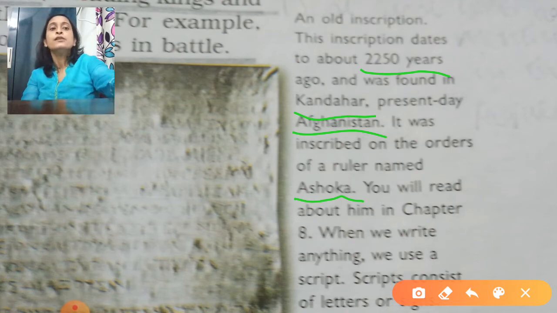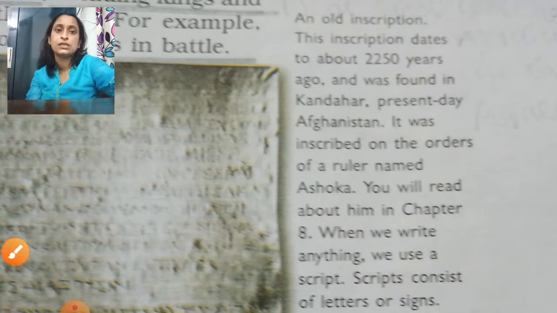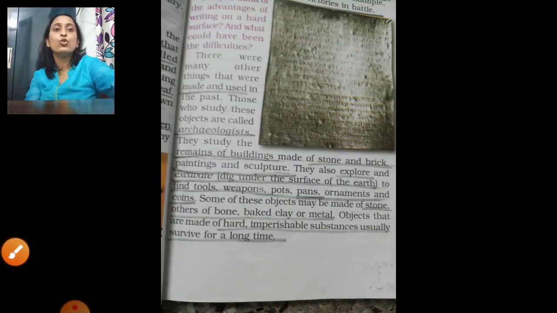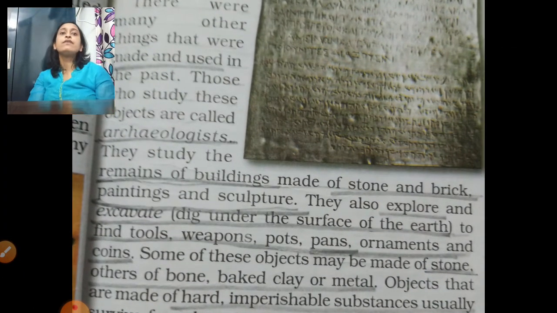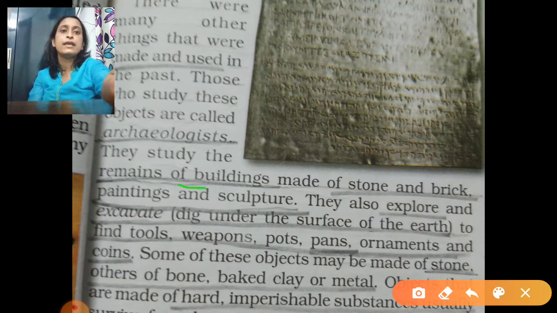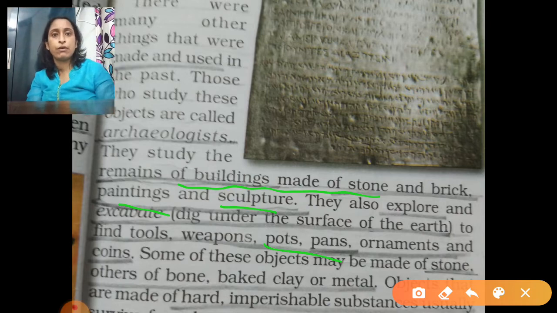Apart from this, there are so many other sources from which we can know the past. When we talk of remains of buildings made of stone and brick, painting, sculpture, pots and pans, how are these things found?